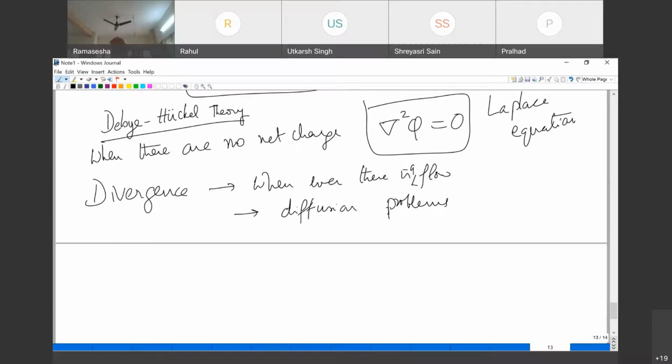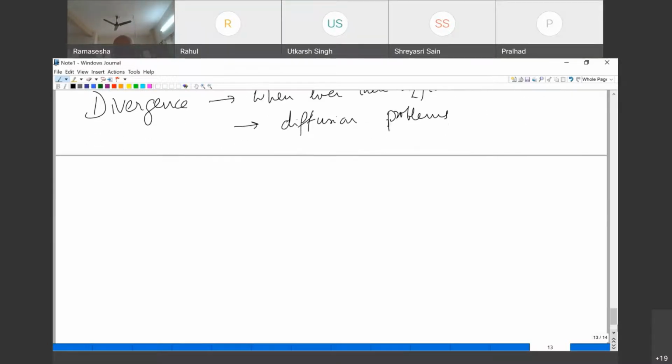And in electrodynamics, you'll of course come across divergence. And like that, in many places you'll come across divergence. Now let me come to another quantity called curl.